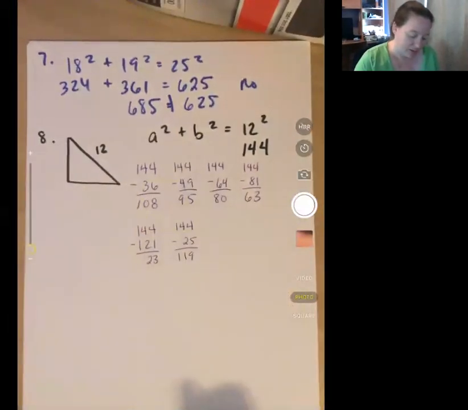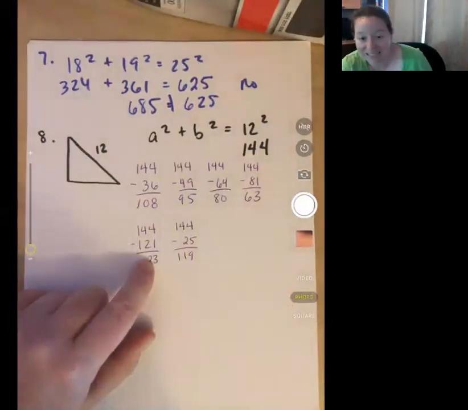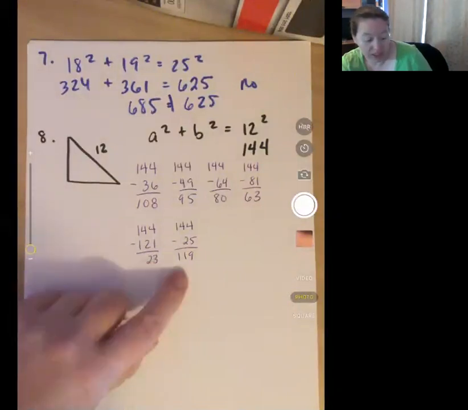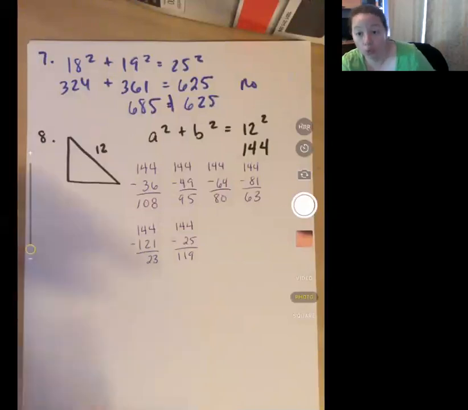Yeah. Okay, so here's the problem. 121 is the highest square we can actually use. Right here, we're at 119. If I go down to 4 squared, I'm going to go over the highest square I can possibly use.